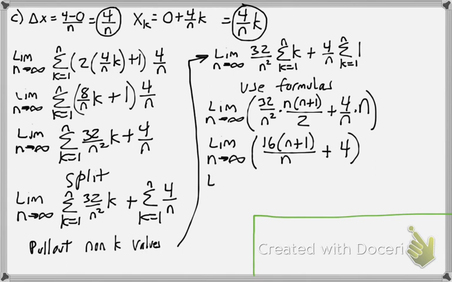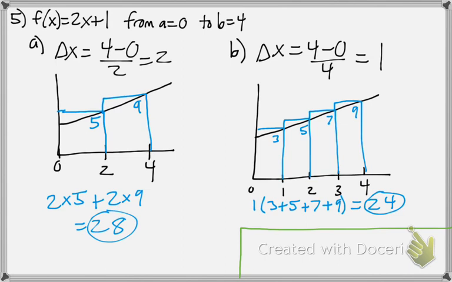And then this is the limit as n goes to infinity. I'm going to distribute the 16 here, so that'll be 16n plus 16 over n, plus 4. I'm running out of space, so let's go back to the previous slide.